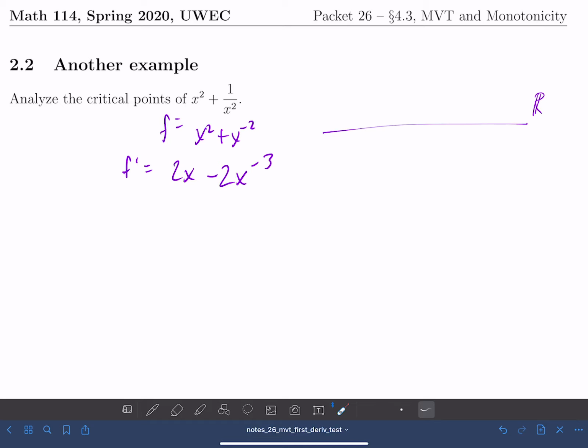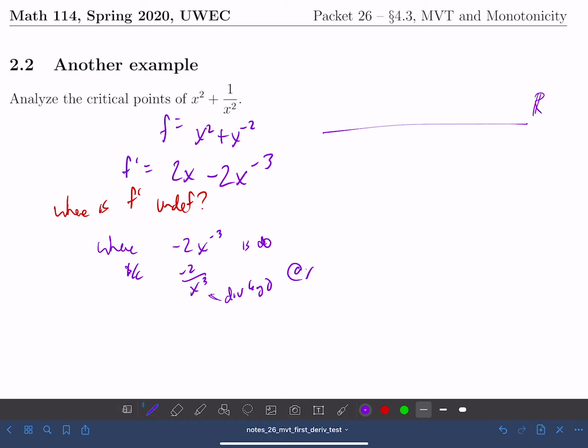Okay. So I'm going to ask the question next. Where is f prime undefined? Okay, cool. f prime is going to be undefined where minus 2x to the minus 3 is infinity, because I have essentially minus 2 over x cubed, and I have division by 0.